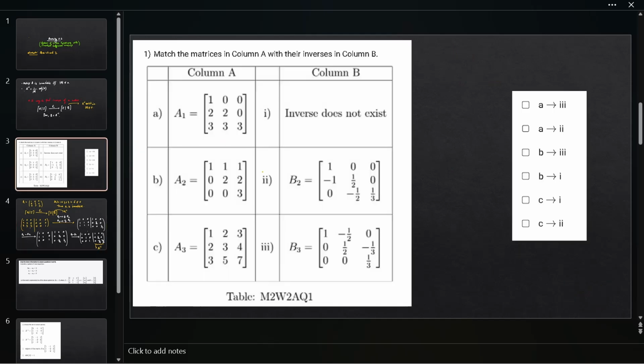So 1, minus 1, 0, 0, half, minus 2, and then 0, 0, 1 by 3. Yes, this is the matrix. So B2 is equal to A1 inverse. That means A1 matches with B2. Now we are going to perform the same operation on A2.